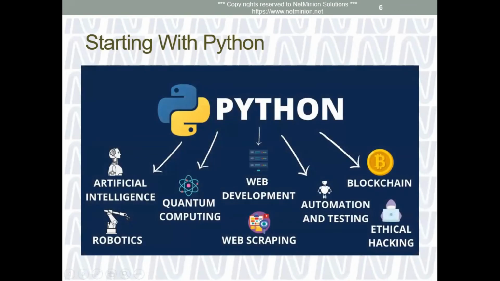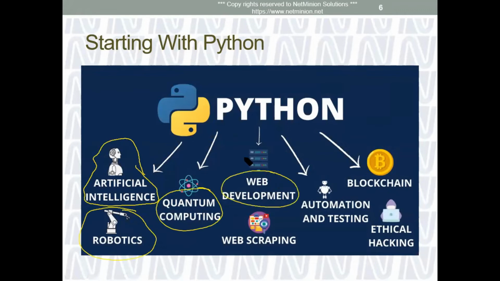I added this slide just to show you that Python can be used in different areas: artificial intelligence, robotics, quantum computing, web development. For web development, there is something known as Django. Those who have registered for all 5 modules will learn about Django also.